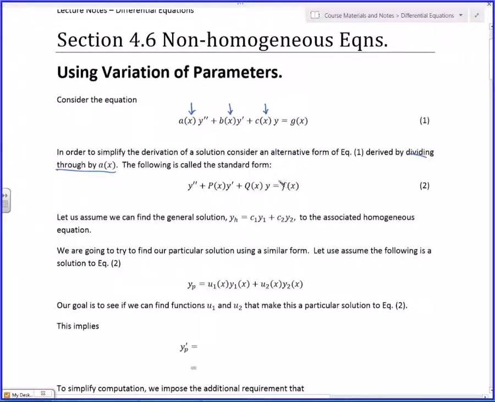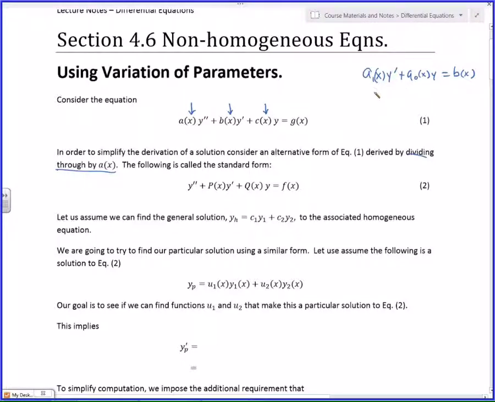You've seen this modification before. Remember whenever we did linear equations that were first order, right? I had a1 of x y prime plus a0 of x y equals b of x. This was back in chapter 2.